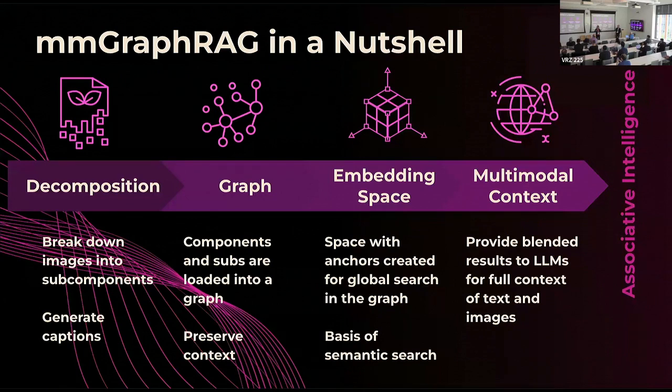And then you have the multimodal context. Now we're able to look at those two different elements, the semantics and the graphs, and blend them together for our LLMs for a fuller context. This gives us almost a hybrid knowledge space that we consider associative intelligence.